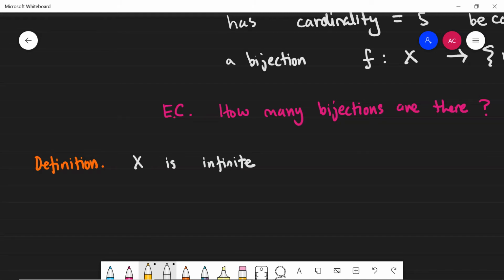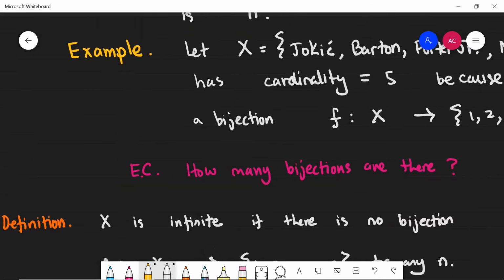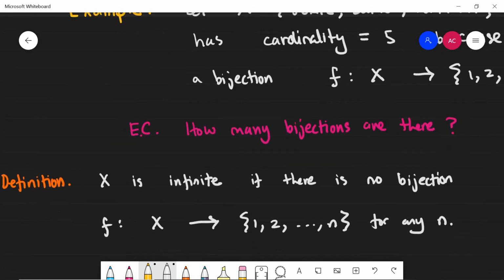X is infinite if there does not exist any bijection f going from X to a set of the form 1, 2, 3 all the way up to n, for any n. No matter how you choose n, if you cannot find such a bijection, then X is infinite. Mathematically, you're just saying X is infinite if it is not finite, and this is the definition of being finite.